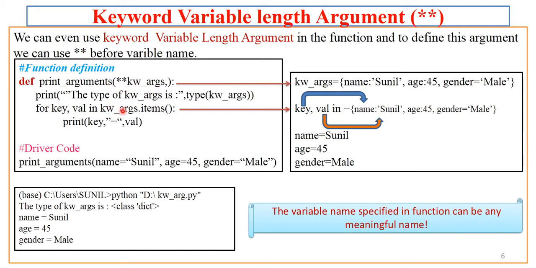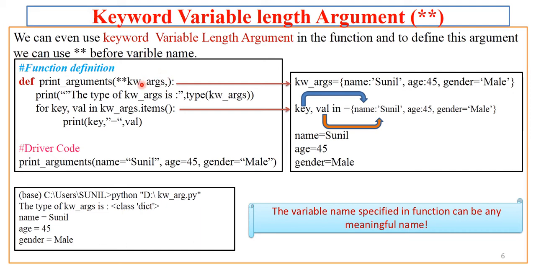Now here see the simple program I have tried to explain, and I will also tell the significance of this. Why do we need this? Now I have the same function print underscore arguments, and now I have passed one fantastic argument here, that is kw underscore args, that is the keyword argument. I have given some meaningful name to this variable.